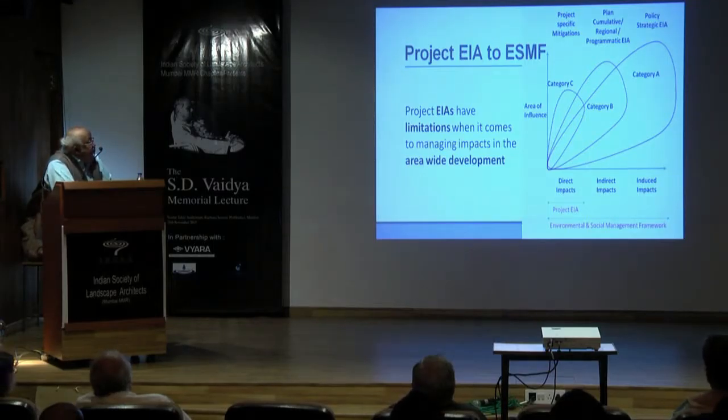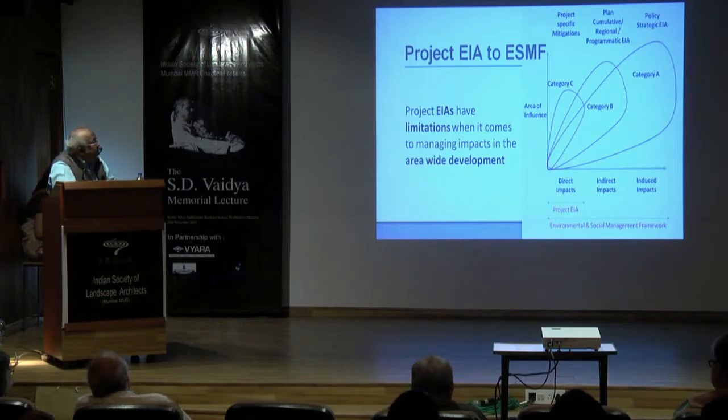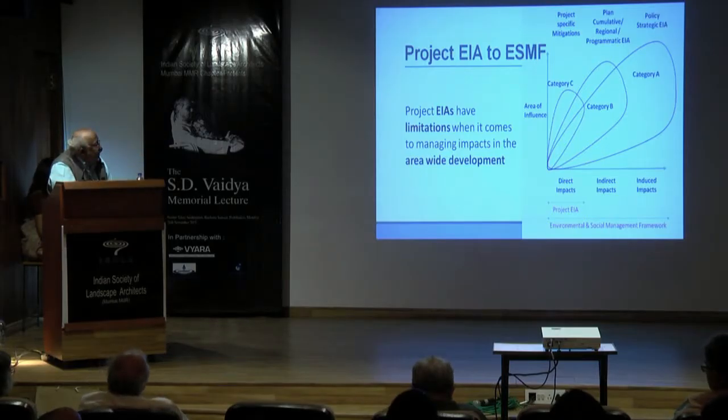And if I have categories of A, B, C, and A being most sensitive from an environmental social point of view, and C the least sensitive, and B is in between, moderate, you will see these zones in the diagram which show you that a project EIA is very limited, and the environmental social management framework is going across.